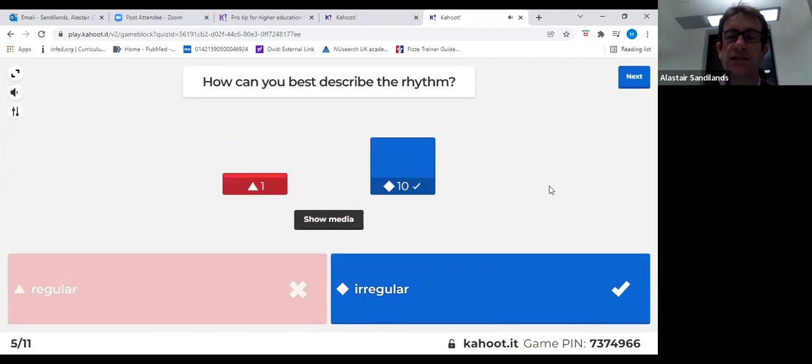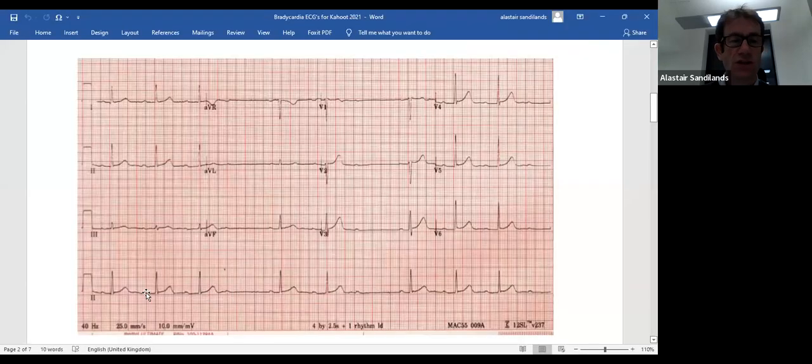I think you have to say it's definitely irregular. If I put regularly irregular as an option, that might be right as well, but it's definitely not regular on its own. So you can see it fires off, and nothing, fires off, nothing, longer. So the spacing is all very variable. So it's irregular more than not.